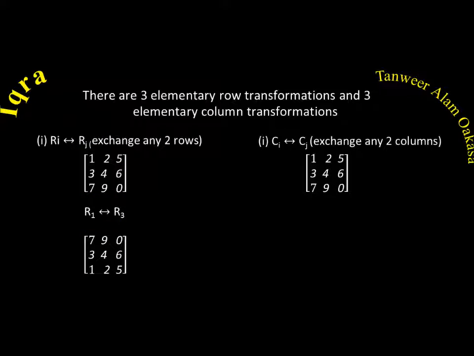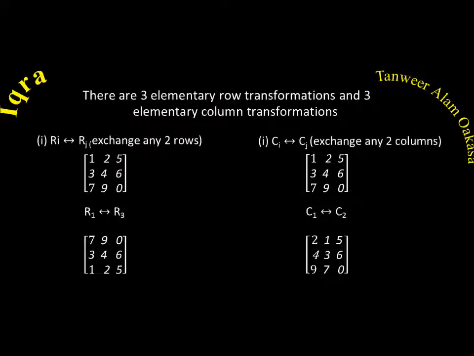If I exchange 2 columns, for example, my first column with my second column, this second column, 2 4 9, will become my first column, and my 1 3 7 will become my second column. So I have applied a transformation, got a new transformed matrix, and this is still an equivalent matrix of my original matrix. This was my first transformation, where I exchange any 2 rows.